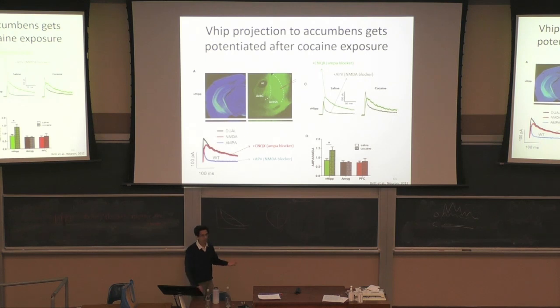The nucleus accumbens, as you probably have heard, is a region that has been very extensively studied due to its role in motivated behaviors and drugs of addiction and depression and things of that sort that involve changes in reward circuitry. So the ventral hippocampus projects there. If you inject a virus in ventral hippocampus, you see a lot of axon terminals in accumbens. So they thought maybe this projection has a role in some drug-related behavior because the accumbens is so important for these drug-related behaviors.